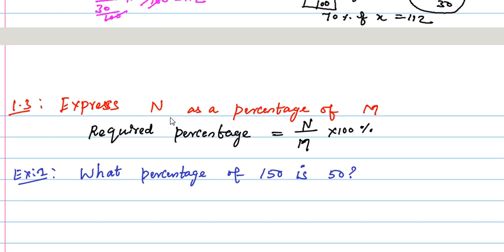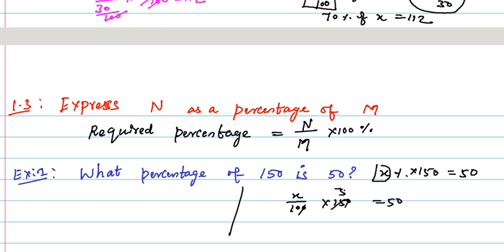Example 1. What percentage of 150 is 50? You can rewrite this question as x percentage of 150 is 50. Your aim is to find x. Simply rewrite this term and cancel the terms.